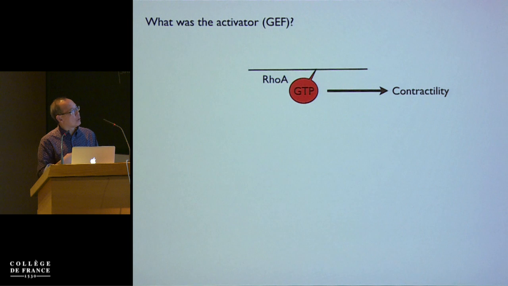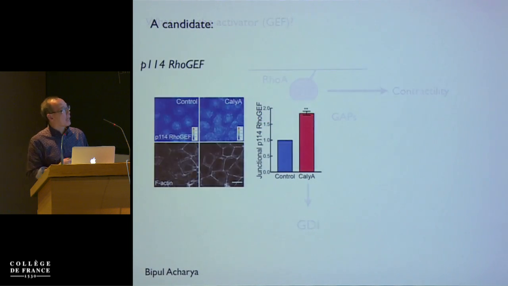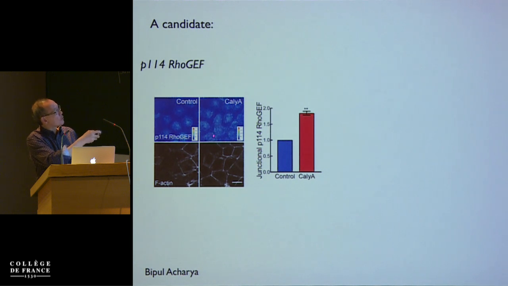Many of you will know about Rho and the small GTPases. You'll know that they're active when they're loaded with GTP. They are activated by guanine nucleotide exchange factors that exchange GDP for GTP, and that implied that the activation that was seen might involve a GEF. So we went looking for candidates, and the candidate that we found was a GEF that's known as p114 RhoGEF.